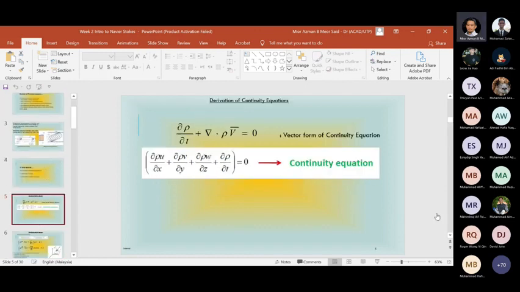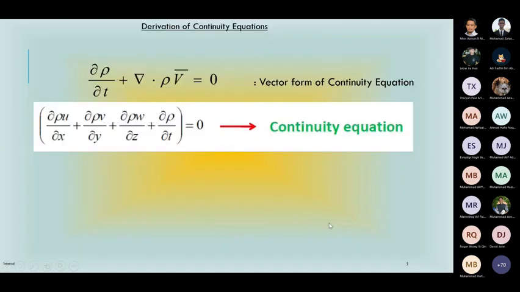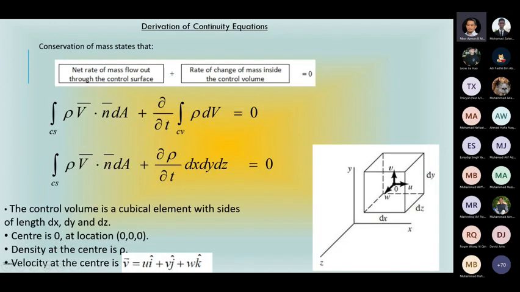Okay, so we use this one, the continuity equation, in the vector form.